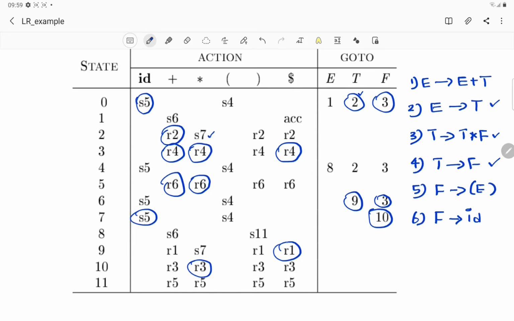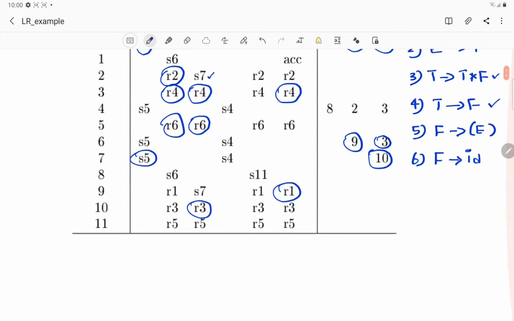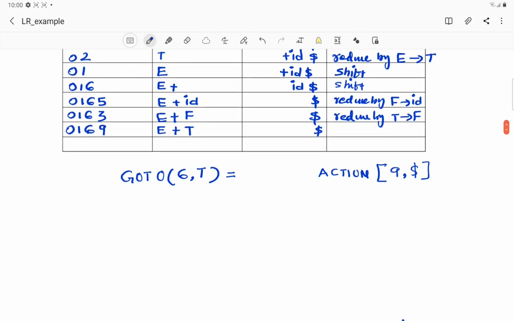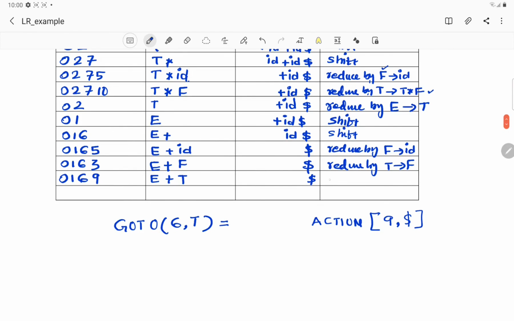This one, R1, reduce by 1. This is our production, E gives E plus T. So reduce by E gives E plus T.